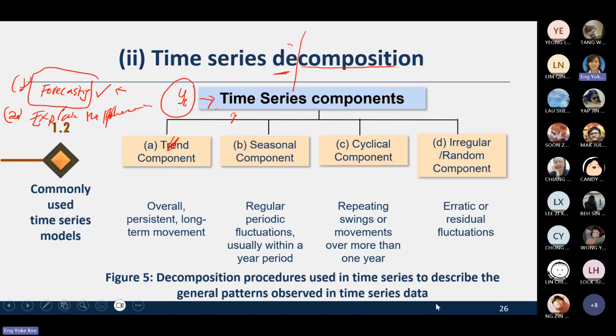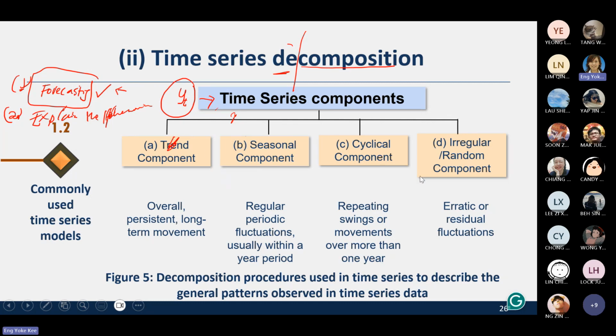Look at this, right? For simple data like this, it is generally believed that it can be decomposed into four different types of components. Any time series data can show you these four patterns, either one, or two, or three of them.